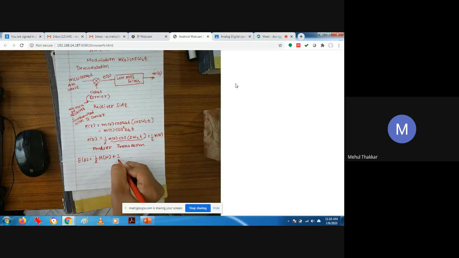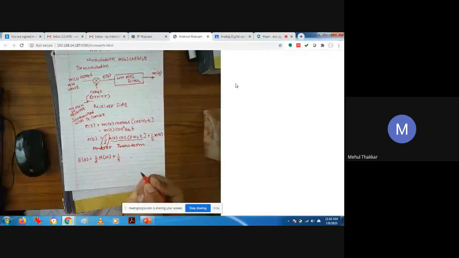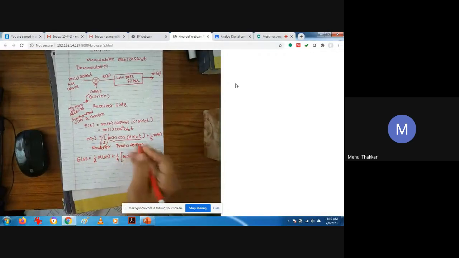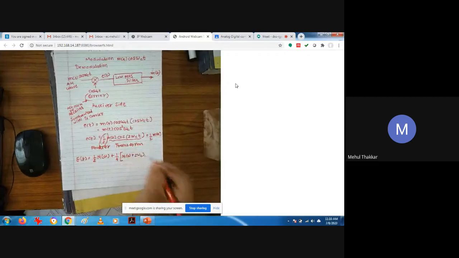So the original equation contains 1 by 2, and again the Fourier transform of m of t cos 2 omega ct will contain another 1 by 2. So in total 1 by 2 into 1 by 2, that will be 1 by 4, and in brackets I have to write m of omega plus 2 omega c plus m of omega minus 2 omega c.